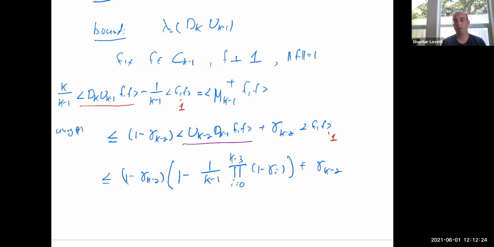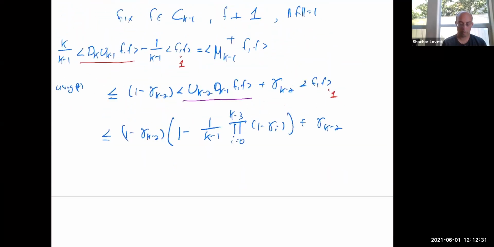Now we just need to make sure everything works, so let's simplify and write this as follows. I'm claiming that it's exactly (1 minus 1 over k minus 1) times the product over i from 0 to k minus 2 of (1 minus gamma_i). Let's verify that.